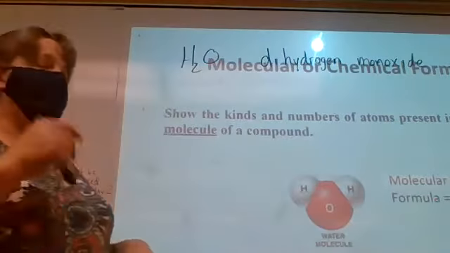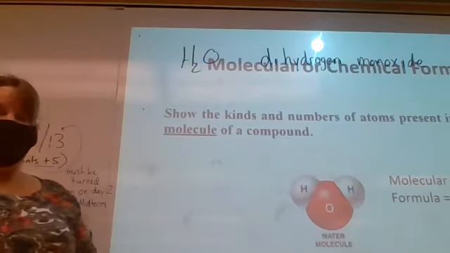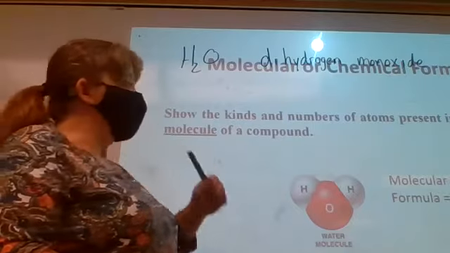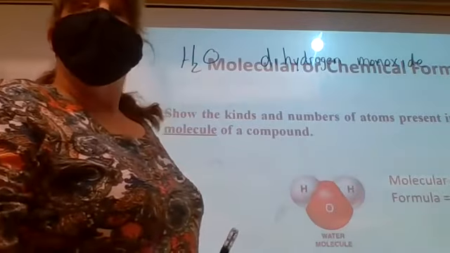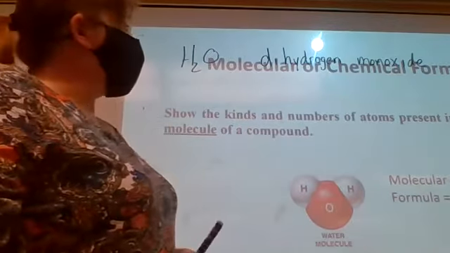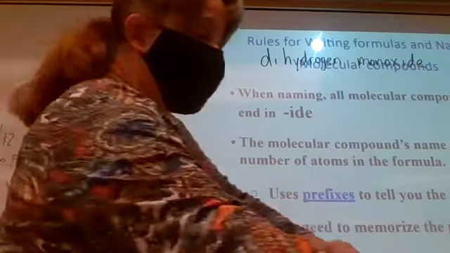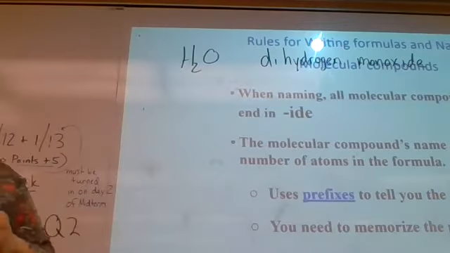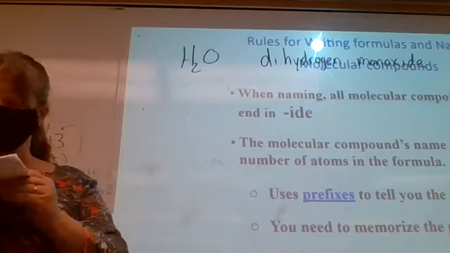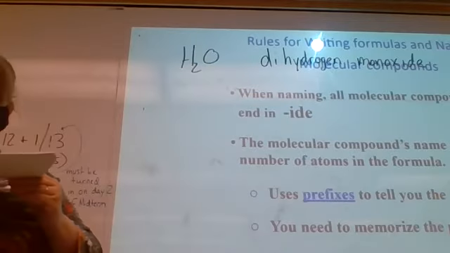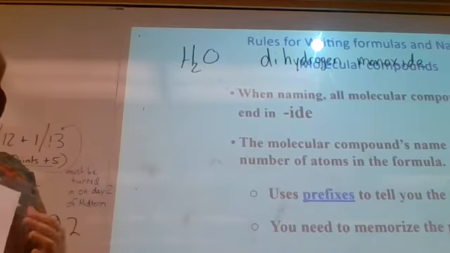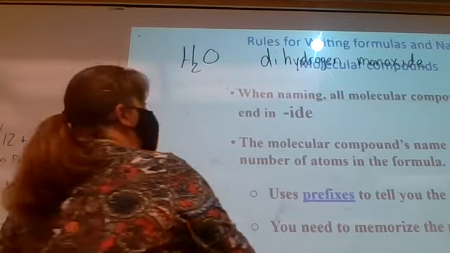And when we draw a Lewis dot structure, we use those ratios. Okay, so that is very important in naming of molecular compounds. We're going to skip the table at the top for a moment. Okay, you can also cross out the first bullet in your packet because we're going to skip that. When we write the name, I'm going to move this down so you can see it.